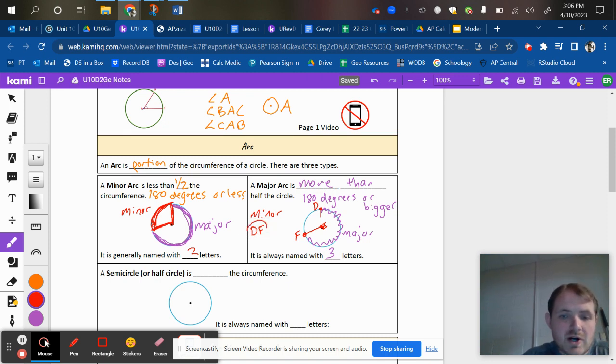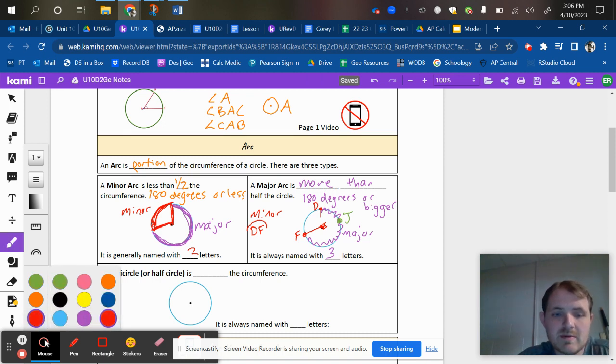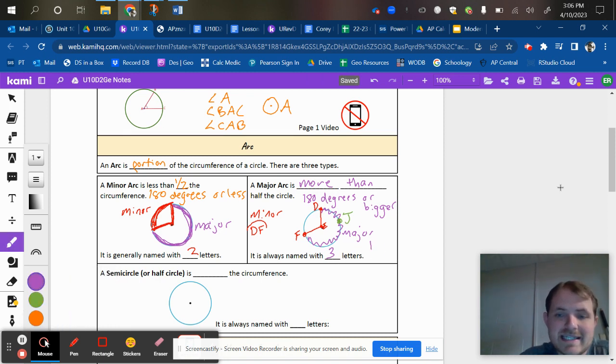And that major arc, we would actually need a third point to name it, because if I just said DF again, you wouldn't know which one it's talking about. So if you had another point over here like J, you would call that DJF with three letters there. So again, the major arcs are going to have three letters. The minor arcs are only going to have two.